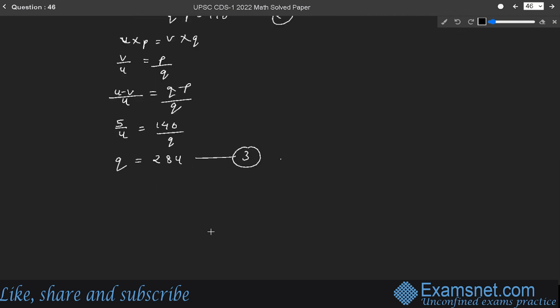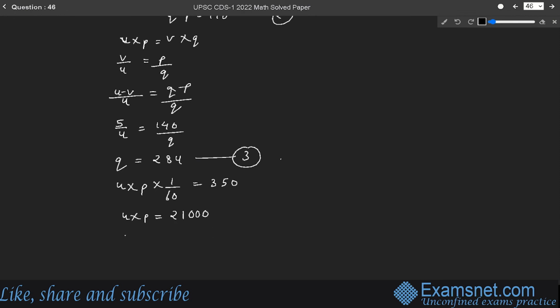Again, according to the question, u into p into 1 by 60 is equal to 350. Therefore, u into p will be equal to 21,000, since 350 into 60 is 21,000.